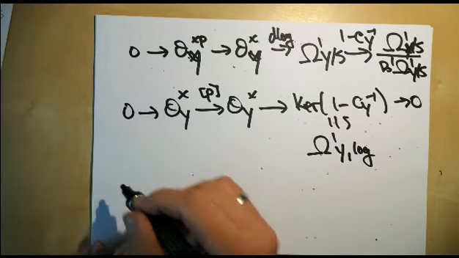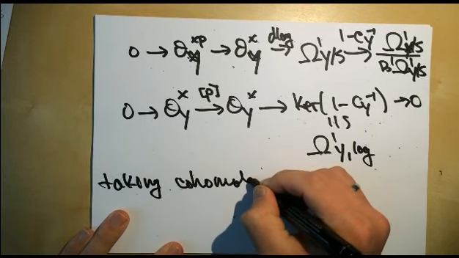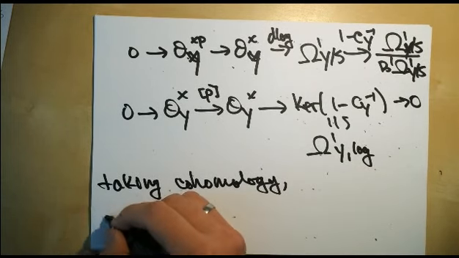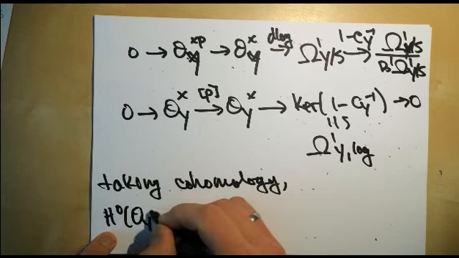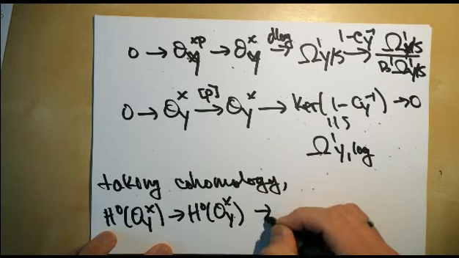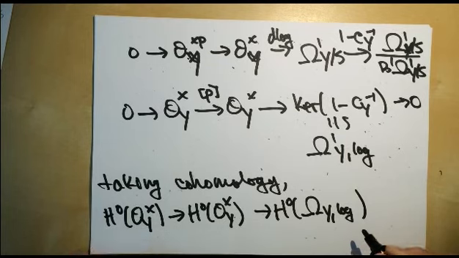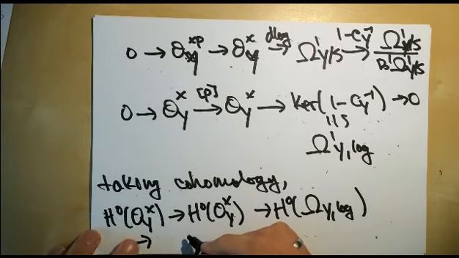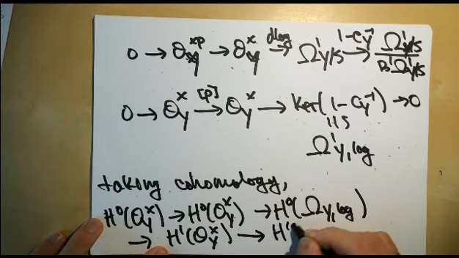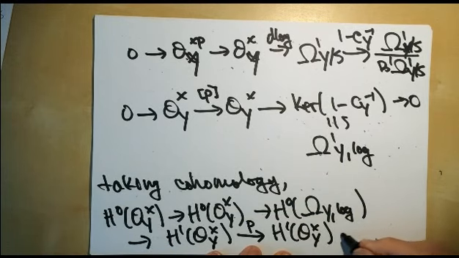And now we can take cohomology. So taking cohomology gives us the following. It gives us H^0, H^0. Okay, and then the next row is H^1 to H^1 like this, and so this is multiplication by p here, and it goes on.